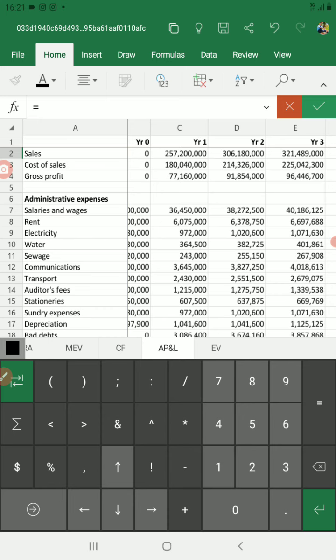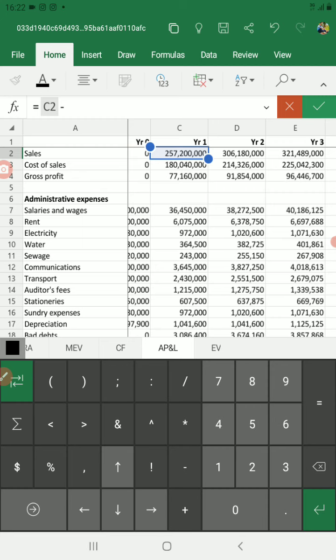So this figure of year one minus itself, but I need to lock column C so that when I drag this formula I'll always remain in column C, but row wise I can be relative. I will explain why that is.